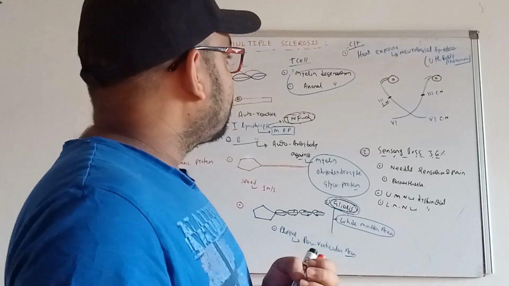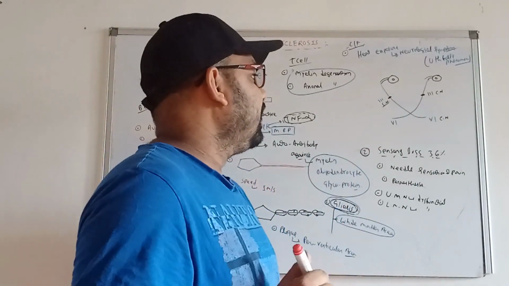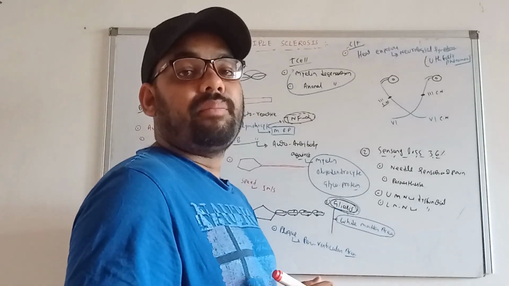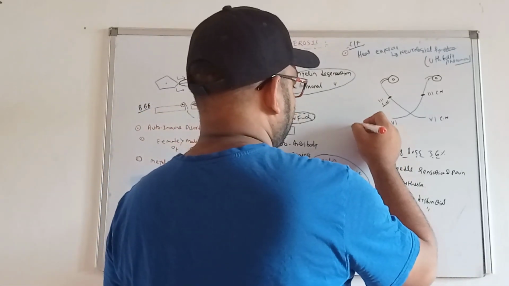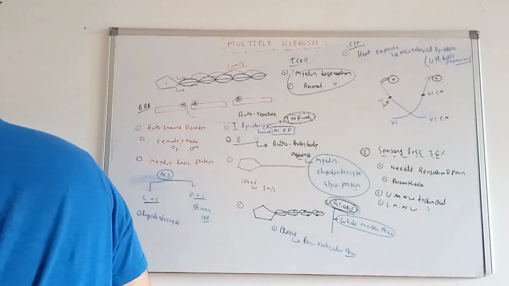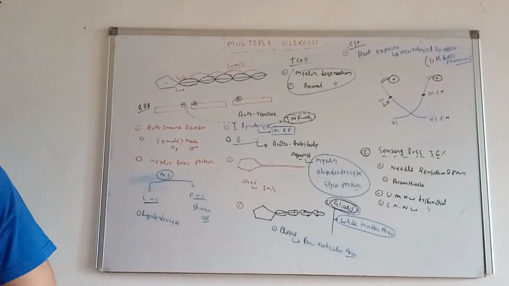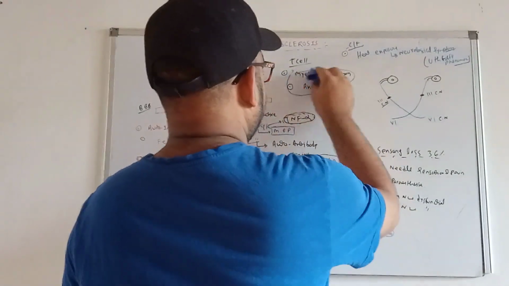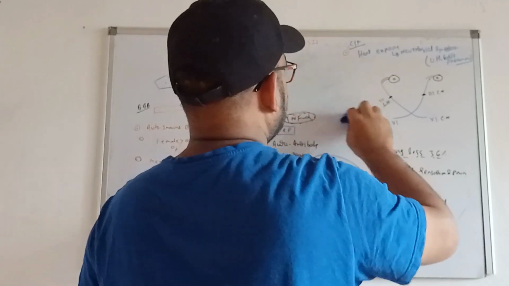Now, the most important thing I'm going to say right now is regarding the optic nerve. What kind of problem will we see in terms of optic neuritis? Let me erase some portion from here. What manifestations do we get in optic neuritis?